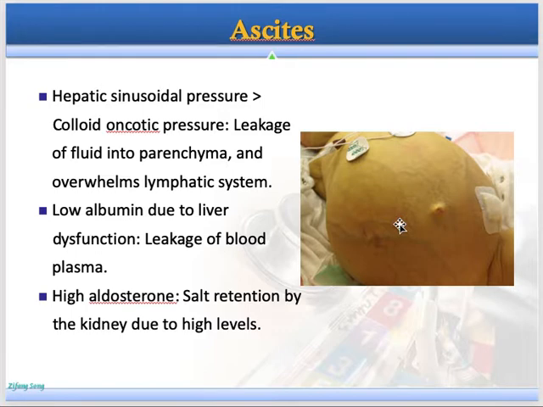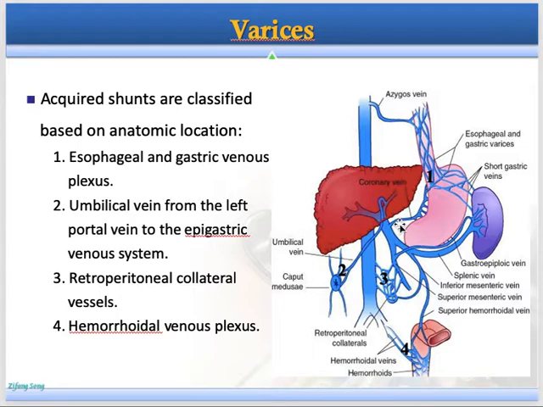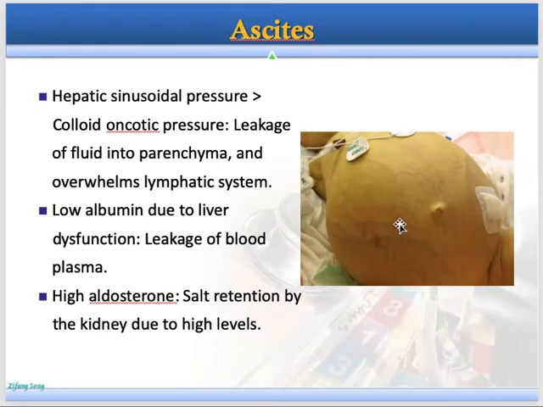And once the kidneys sense that there is less fluid in the circulation, they keep on retaining salt, because of the activation of RAAS, the renin angiotensin aldosterone system. So they have high aldosterone levels, of course.